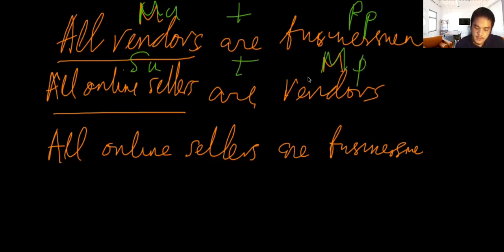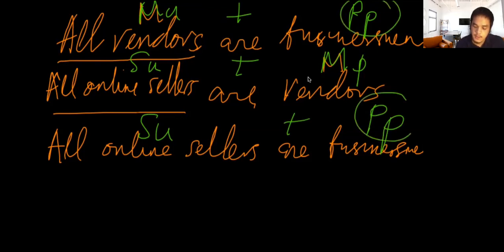The distribution checks out: SU, MU, and then MP.